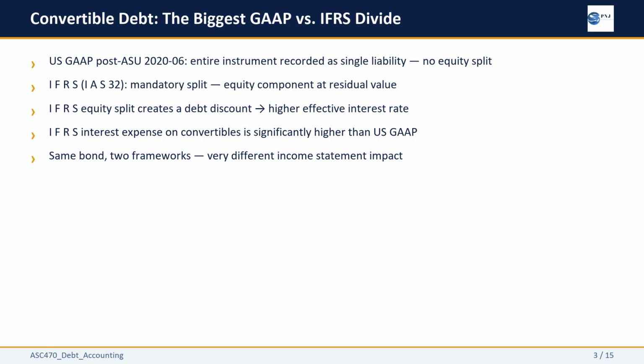Under IFRS, governed by International Accounting Standard 32, you are required to split the instrument: liability component at present value, equity component as the residual. That equity split creates a debt discount, and a lower carrying amount means a higher effective interest rate, which means significantly more interest expense flowing through the income statement under IFRS. Same bond, materially different profit.